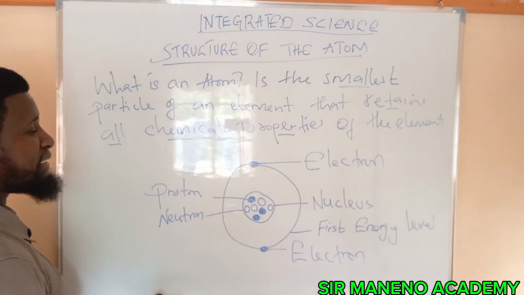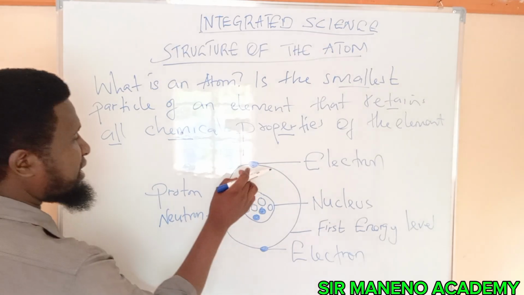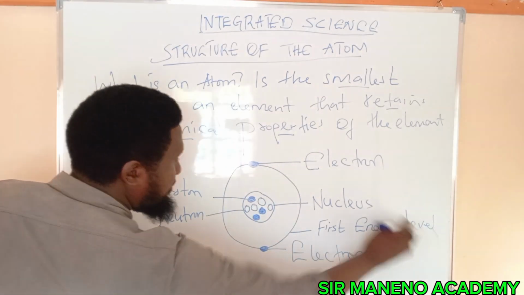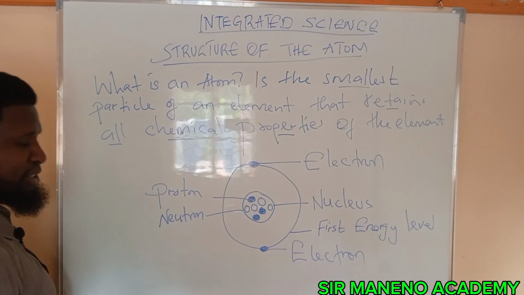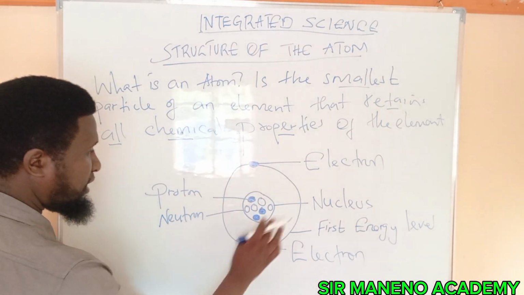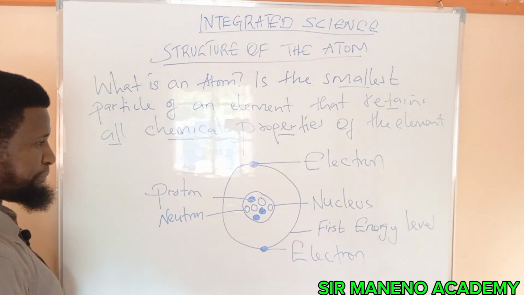Are we together? That is very important. And always, electrons are found on energy levels. Are we together? Protons and neutrons are found inside the nucleus. That one is very important.